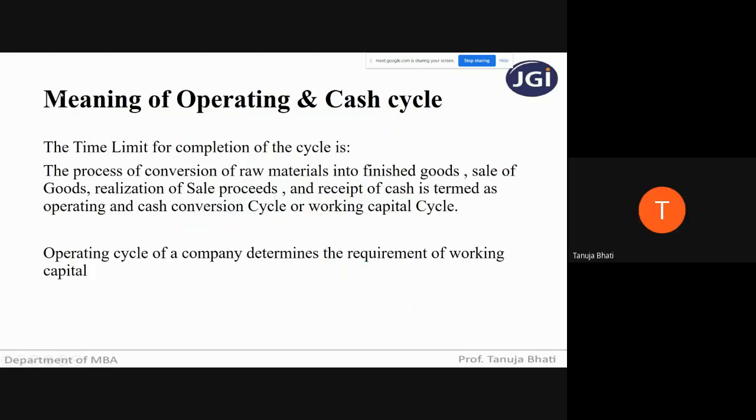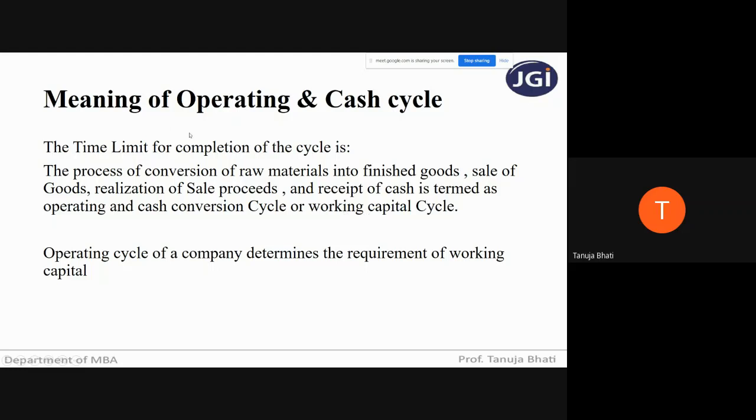Now let us understand the meaning of operating and cash cycle. I've already explained, but still we will go through it. The process of conversion of raw materials into finished goods, then the sale of goods, realization of sale proceeds, and receipt of cash is termed as operating and cash conversion cycle or working capital cycle.